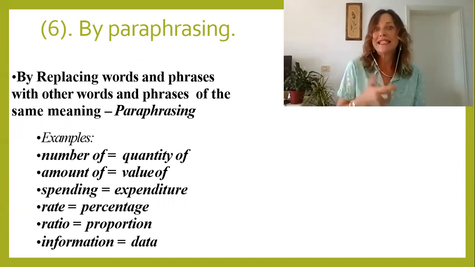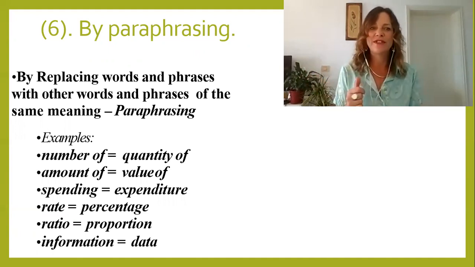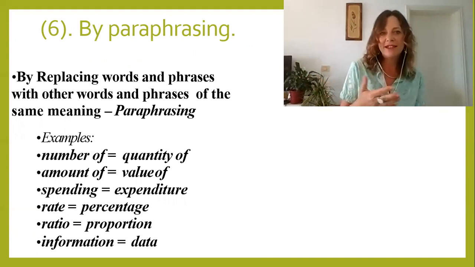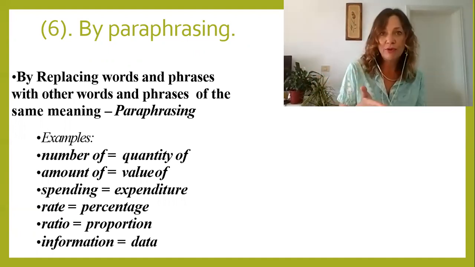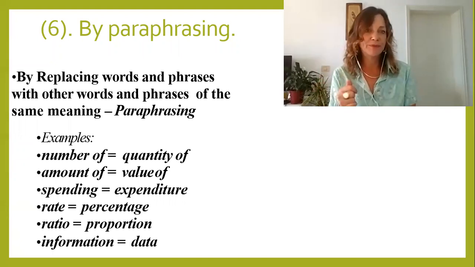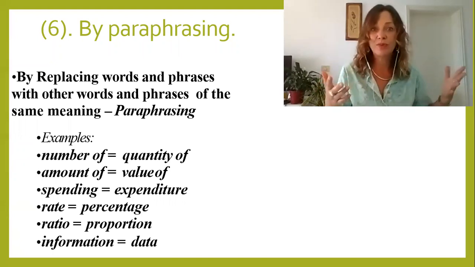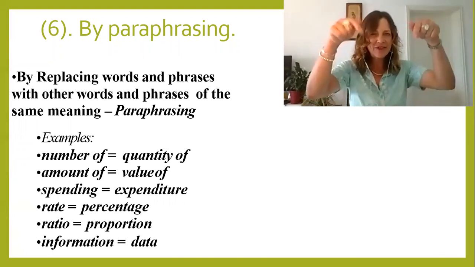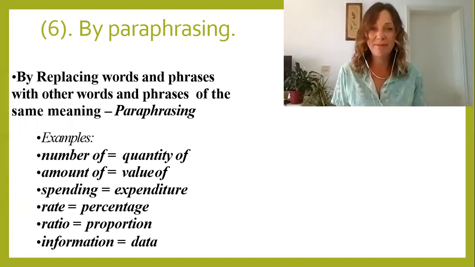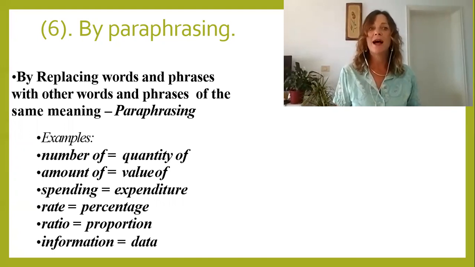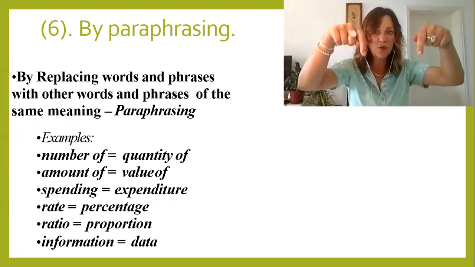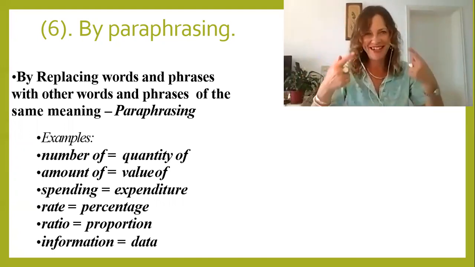Spending, expenditure is another word for spending. Rate could be percentage. Ratio could be proportion. Information could be data. These are very worthwhile actually memorizing these kinds of paraphrasing words because this kind of words come up all the time in task 1.